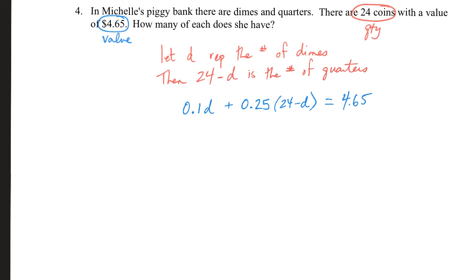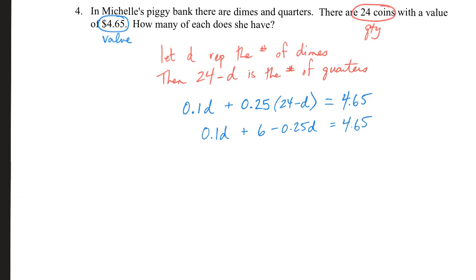And so now that I have that equation, hopefully I can shut my brain off as best I can, and go through and solve my equation. On that second one, we have to expand in our brackets. So 0.25 times 24 is going to give me 6. Then minus 0.25D, and that's my 465.